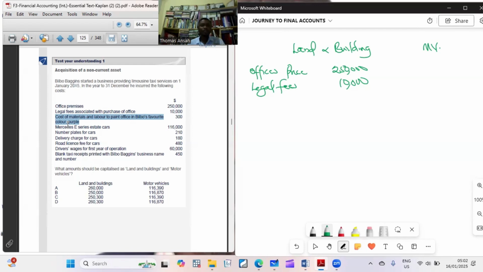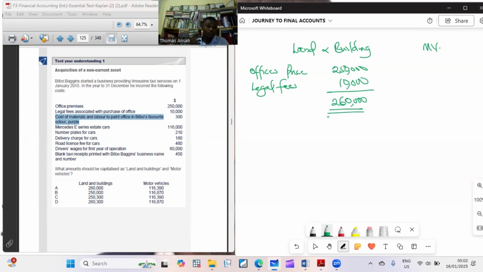So this one will not be part of the cost of the asset. Take note of that. Why? Because the asset has already been made available for use. You are just repainting it, and these repaintings will recur. So here we will have 260,000. That will be our cost.